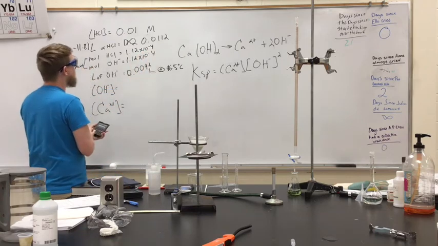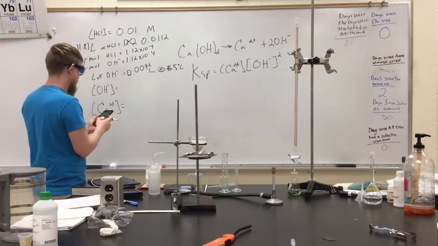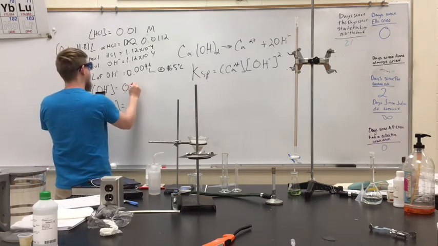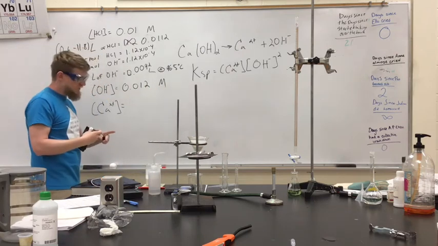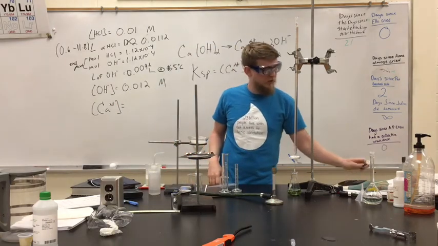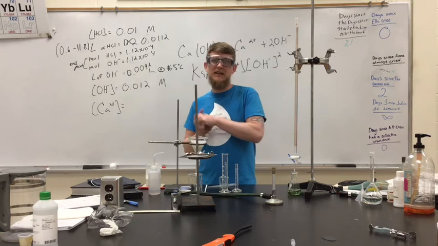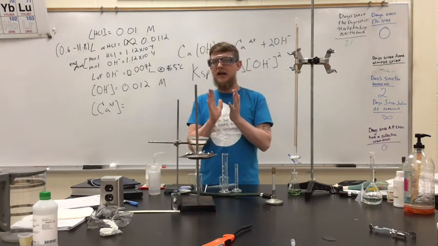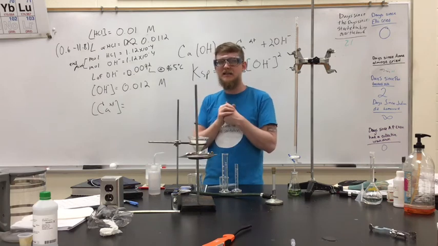Now we can use these two numbers here, divide by 0.0092, and we get this number here, 0.012 molar, which is about half of what we calculated before. Okay, so you can see here that equilibrium should be shifting to the left, to the reactant side, because we're making less hydroxide at these high temperatures.